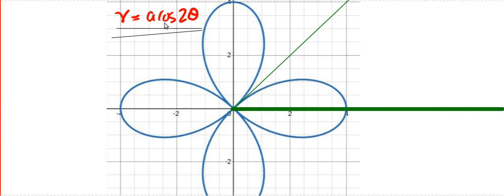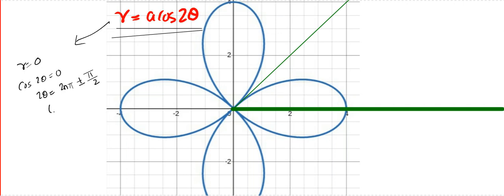Okay, so in cos theta, actually the figure has shifted 45 degrees backwards. The reason is very simple. If r equal to 0, then eventually we end up with cos 2 theta equal to 0. So 2 theta will be equal to 2n pi plus or minus pi by 2. That's a general solution.